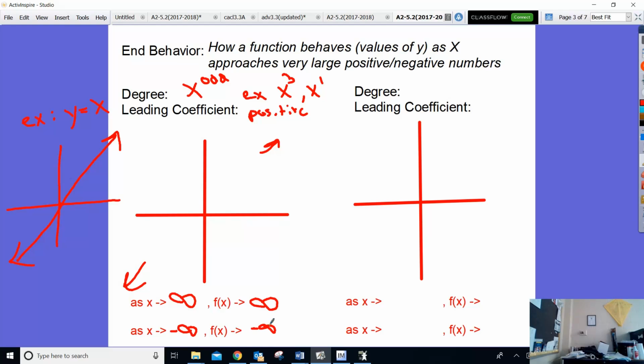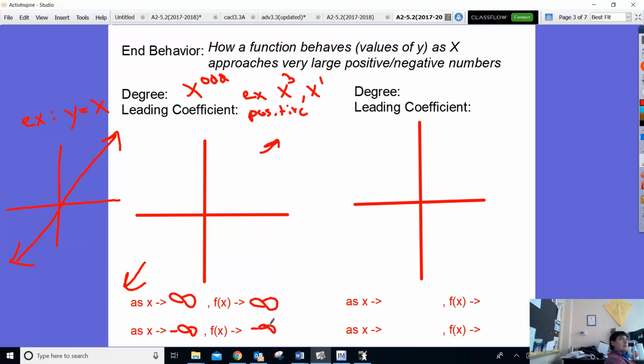How do we tell whether it's negative or positive? Okay, what's your question? How are you supposed to know where to put which if the arrows look the exact same? How do you tell if it's going left or right?